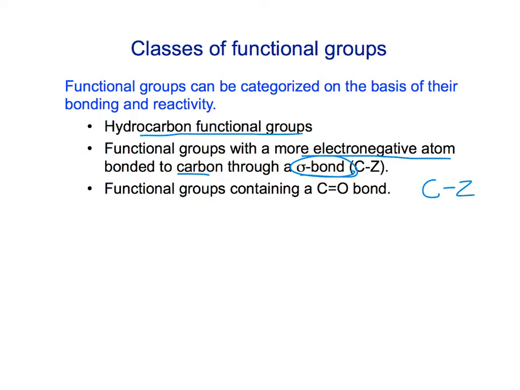Z will be more electronegative than carbon, so it will pull a delta minus towards it, leaving carbon with a delta plus, and this will influence the reactivity of these types of groups. The final category of functional groups are those that contain this carbon-oxygen double bond. This is referred to as a carbonyl group, and these are very important in biology and in biochemistry.